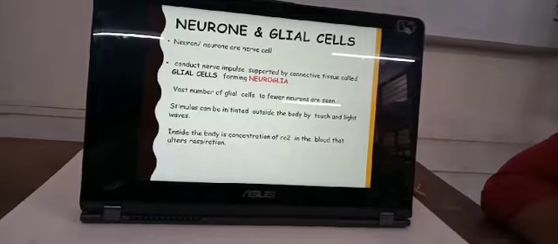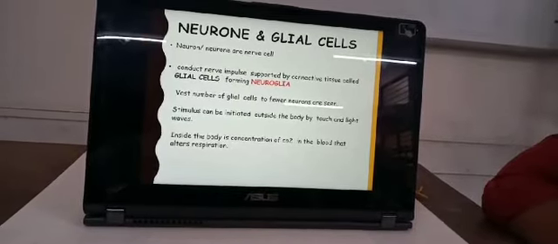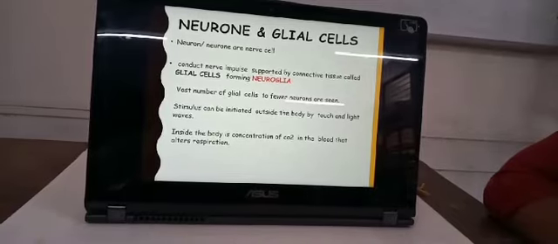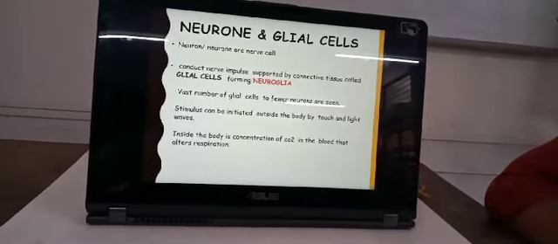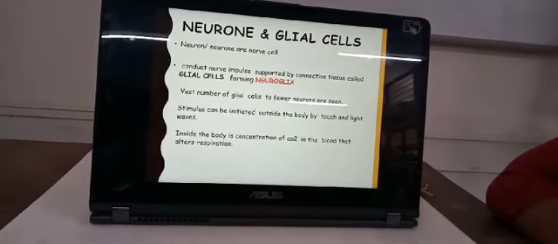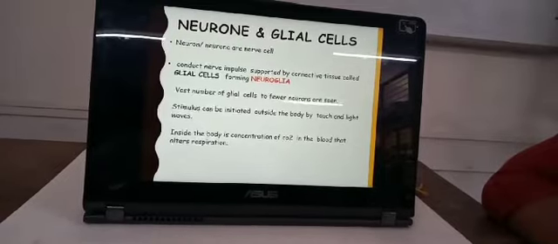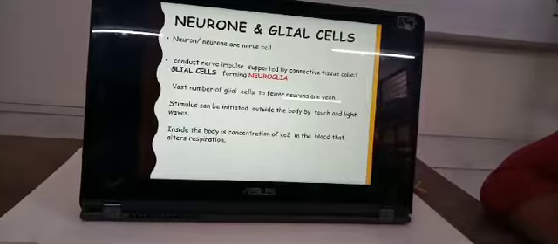So neuron plus glial cells together is formed as neuroglia. What is neuroglia? Nothing but a neuron which is surrounded or supported by connective tissue forming the neuroglia. Vast number of glial cells to fewer neurons are also seen.